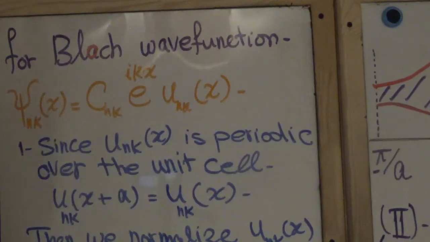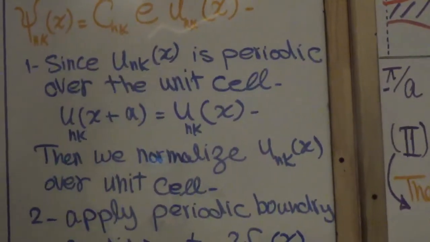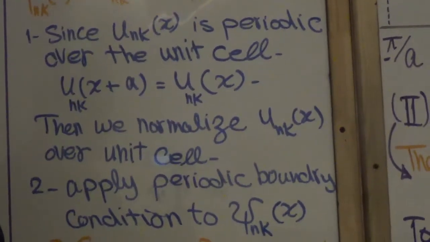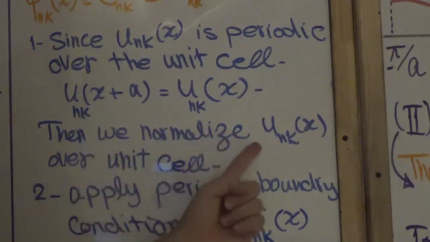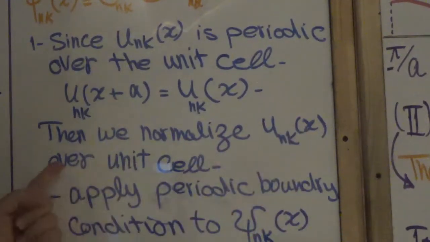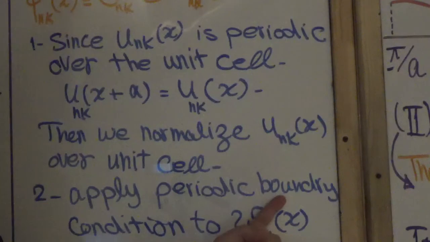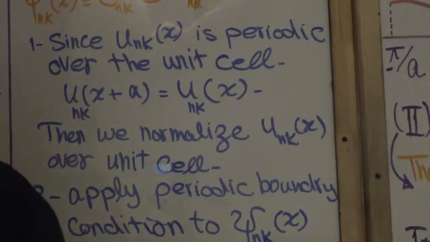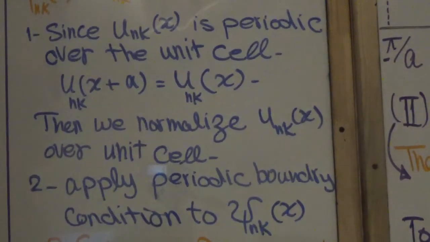So then, guys, we normalize u_nk as a function of x over the unit cell, and then apply the periodic boundary condition on psi_nk.